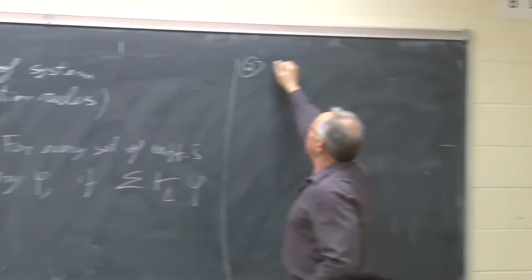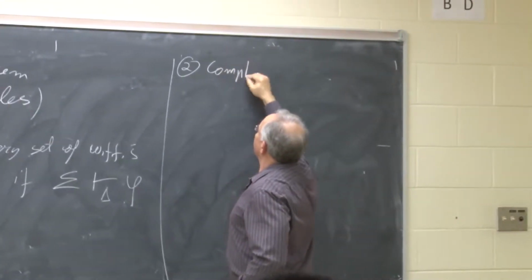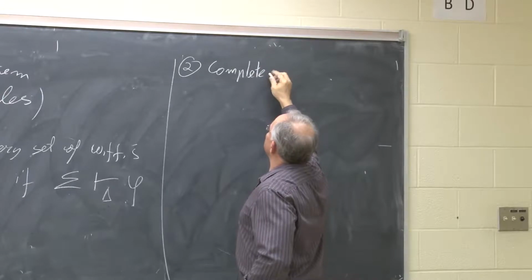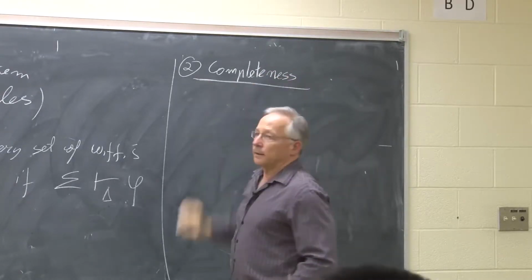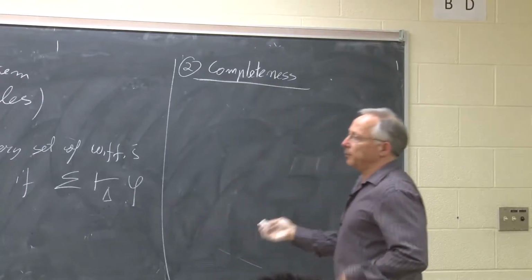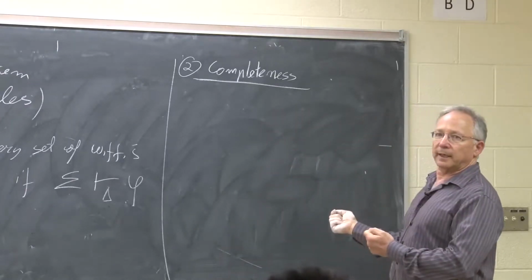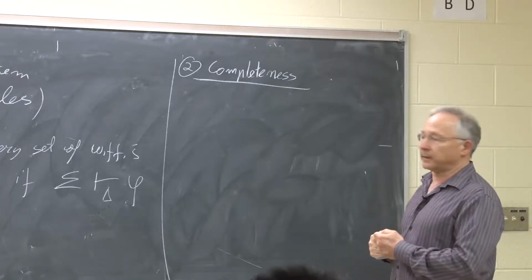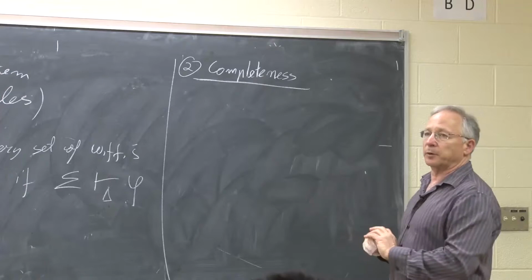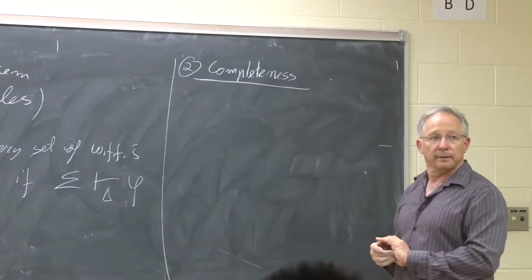So can anybody try to phrase completeness? Remember, the soundness and completeness connect the syntactic proof system to the semantics that we have. So we say, assume you have a proof system that has these nice properties. So what is completeness?